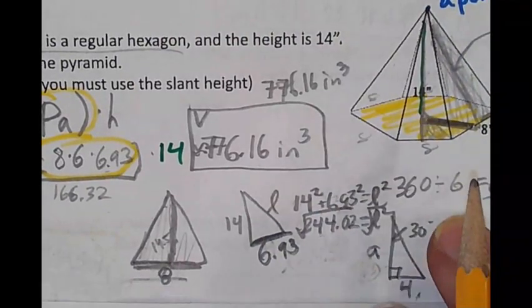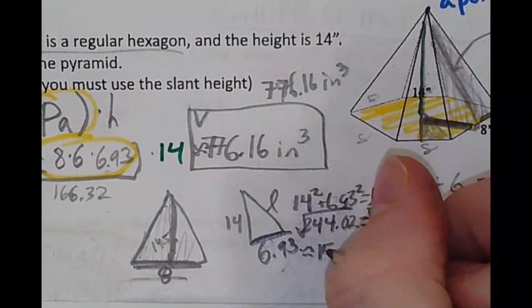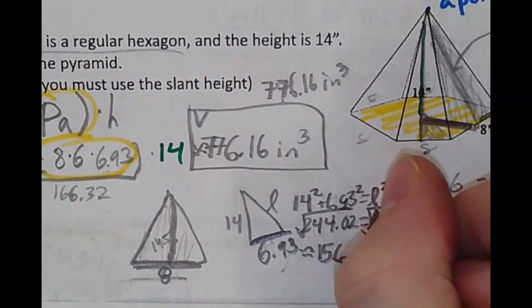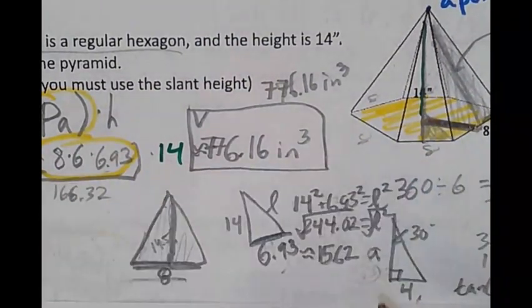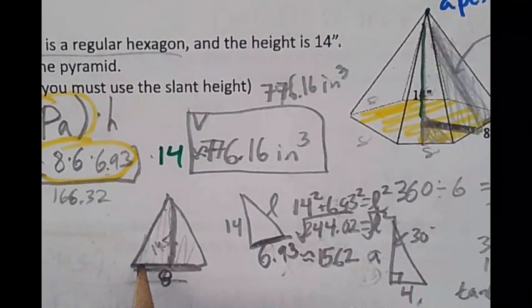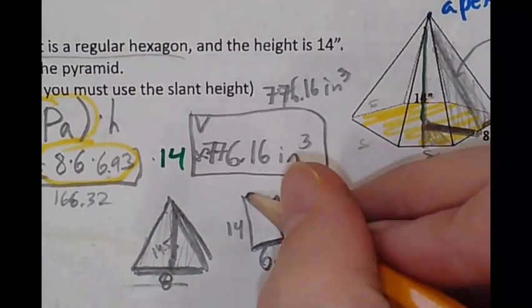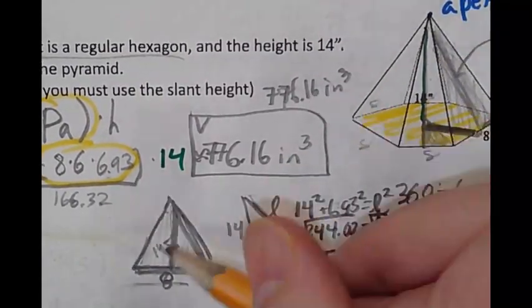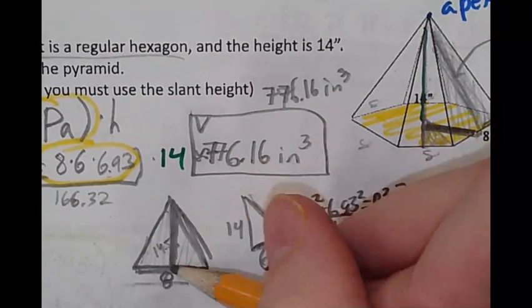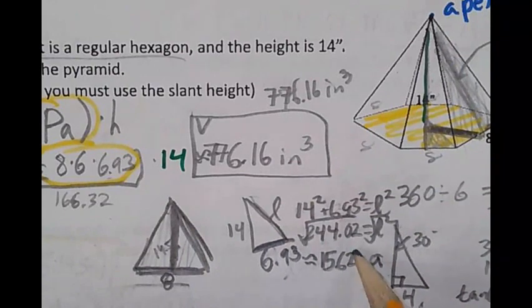This gives us 14 squared plus 6.93 squared. It's approximately 244.0248. And if I square root those, square root of 244.02, that would be approximately 15.6211.